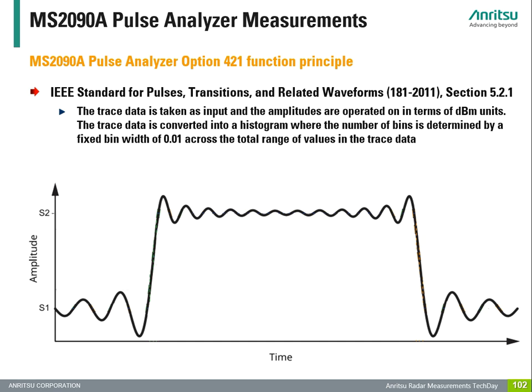The trace data is taken as input and the amplitudes are operated in terms of dBm units. The trace data is then converted into a histogram where the number of bins is determined by a fixed bin width of 0.01 across the total range of values in the trace data.